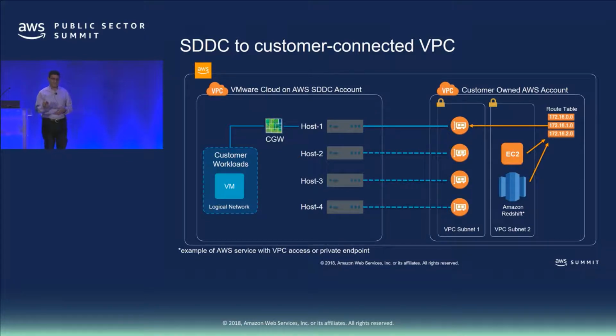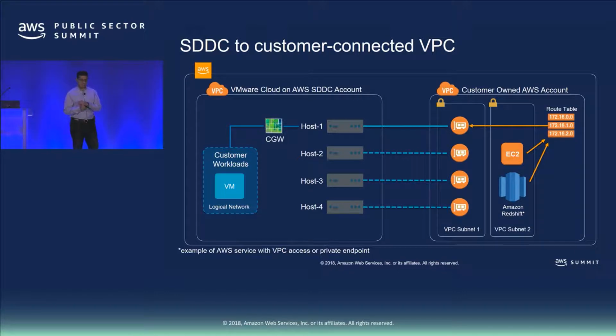I said ANI, and I was referring to one ANI. However, there are multiple ANIs that will be provisioned in your account. But only one of them is active because only the host where the CGW, the compute gateway, which is a VMware virtual machine, runs, will actually be active because that's where it's connected to your VPC environment.